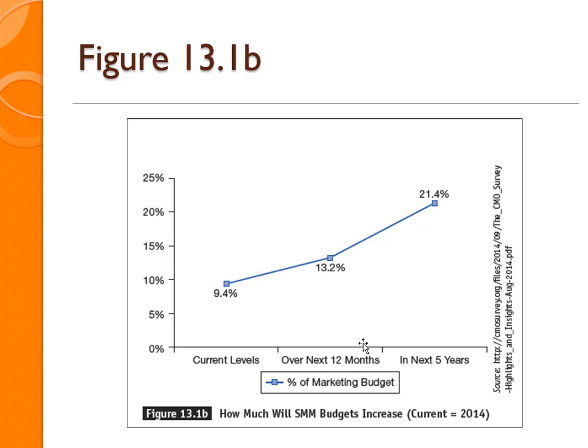And we can see the importance of being able to come up with the ROI in terms of how much money is going to be spent in social media advertising over the next year or two. It's expected to project up to maybe 21, 22%. And it may be higher than that now.